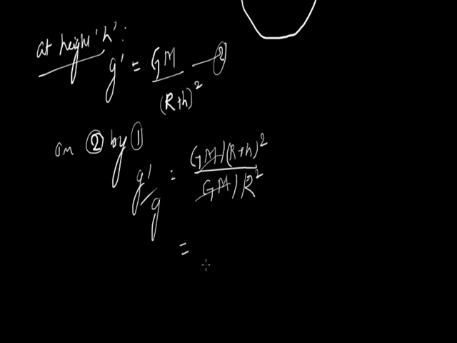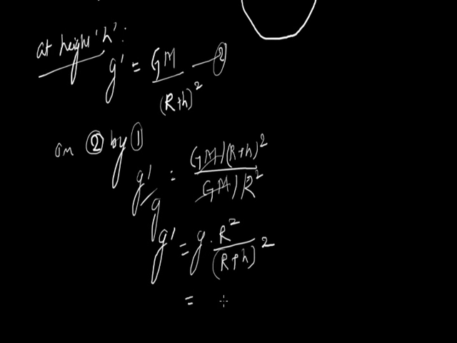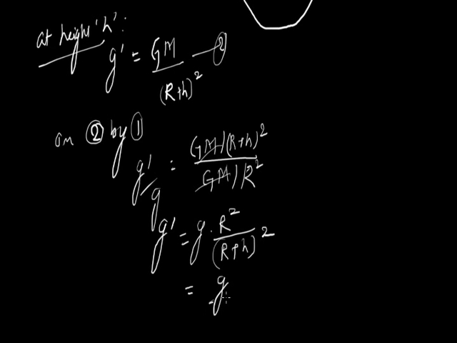GM and GM cancel out, so this becomes R squared upon R plus h whole squared. If we multiply by g, it looks like this. Further, taking R common from the denominator and cancelling R squared, this will give g dash equals g upon 1 plus h upon R whole squared.